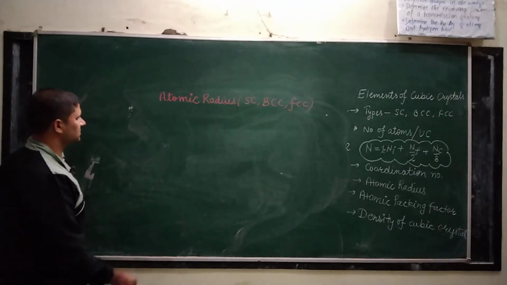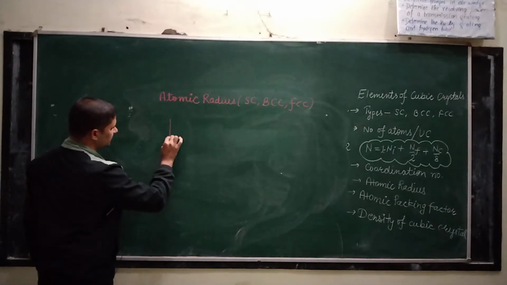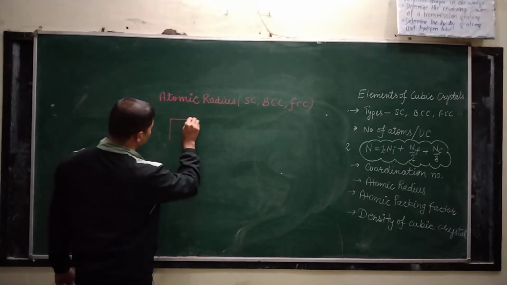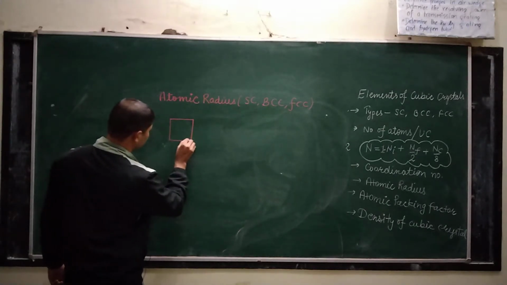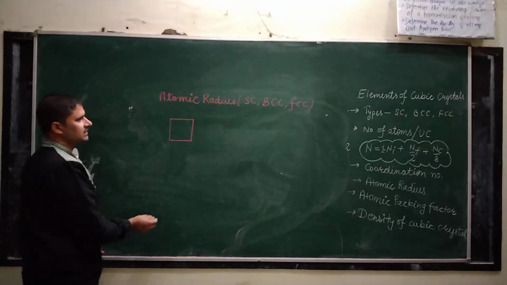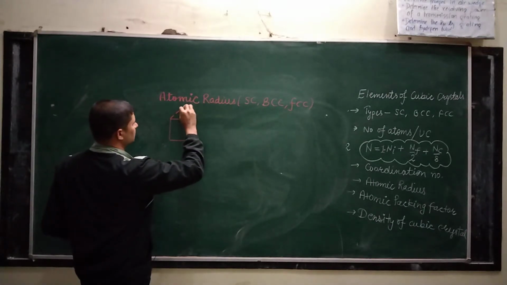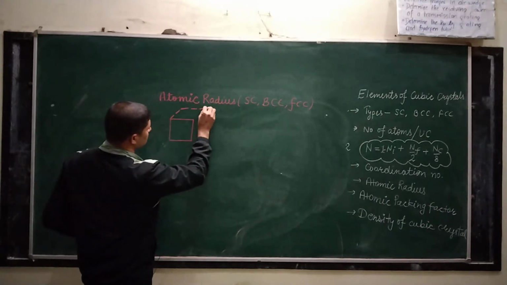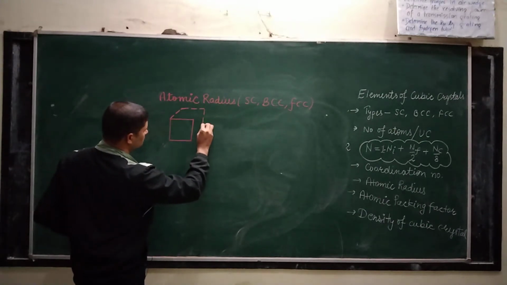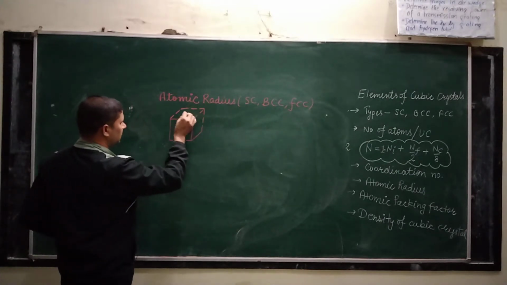Okay class, so firstly come to simple cubic. In simple cubic, particles are present only at the corner. So I am taking one of the faces. Let me complete it. This is a simple cubic, it is like this.